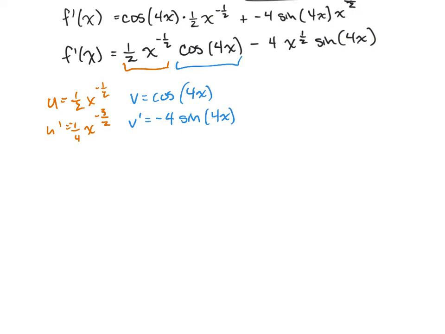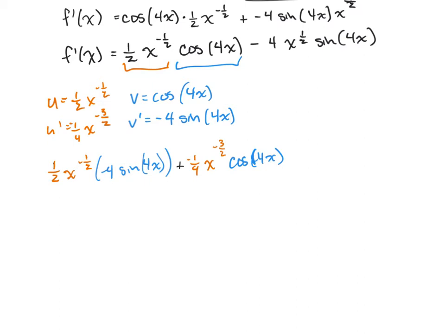And so over here, we're going to get 1/2 x to the negative 1/2 times negative 4 sine of 4x plus negative 1/4 x to the negative 3/2 times cosine of 4x.